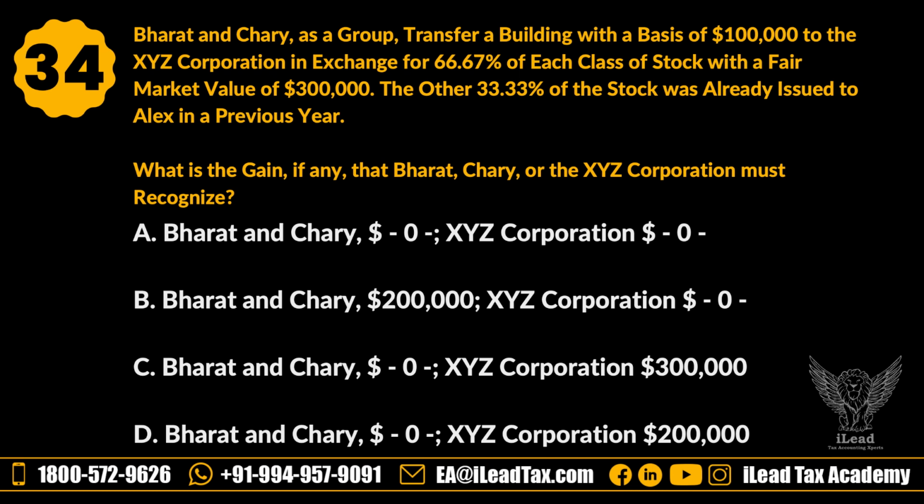What is the gain, if any, that Bharat and Chari or the XYZ Corporation must recognize? A. Bharat and Chari 0, XYZ Corporation 0. Bharat and Chari 200,000, XYZ Corporation 0. Bharat and Chari 0, XYZ Corporation 300,000. B. Bharat and Chari 0, XYZ Corporation 200,000.